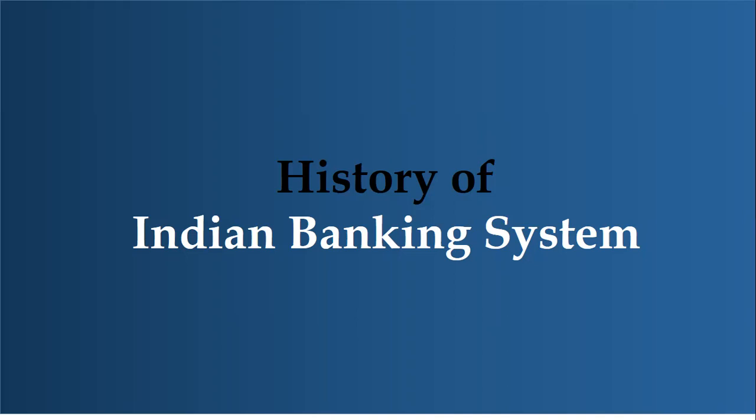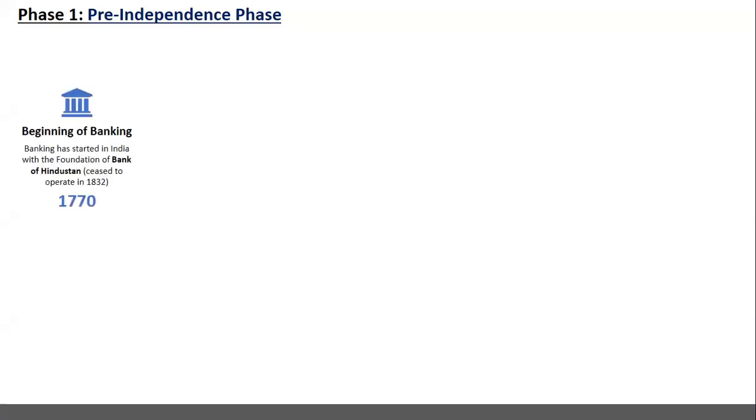So basically, the Indian banking system is divided into three phases: phase one, phase two, phase three. Phase one is the phase of pre-independence. It was between 1770 and 1947, until we got our independence. So, what happened in 1770?